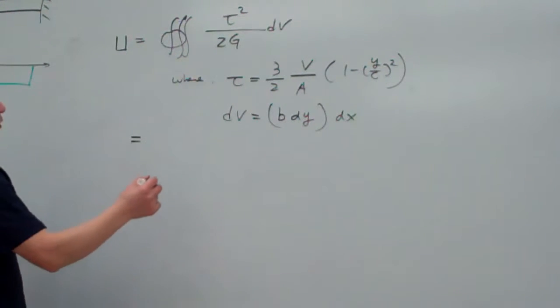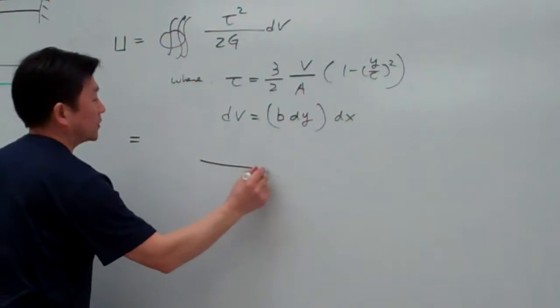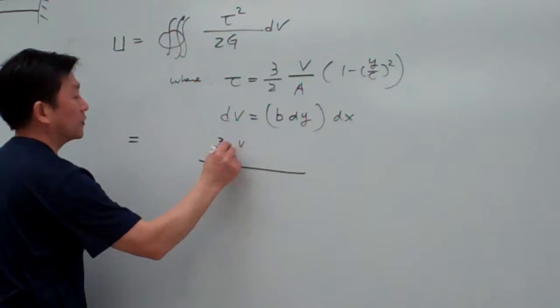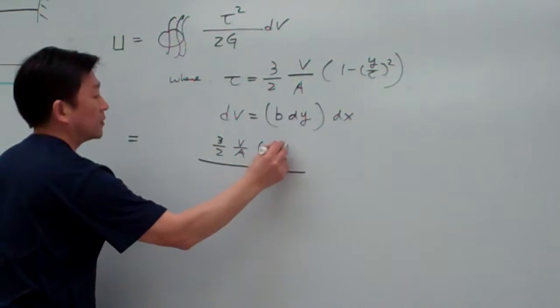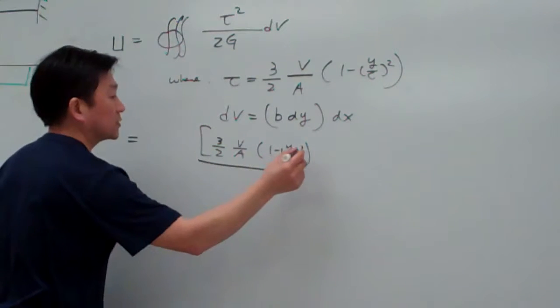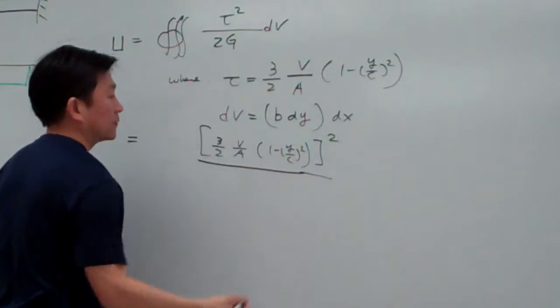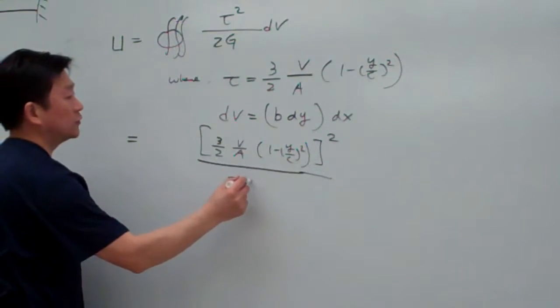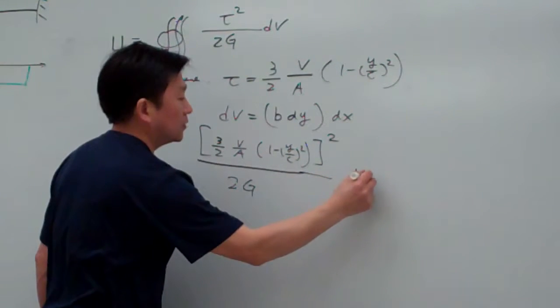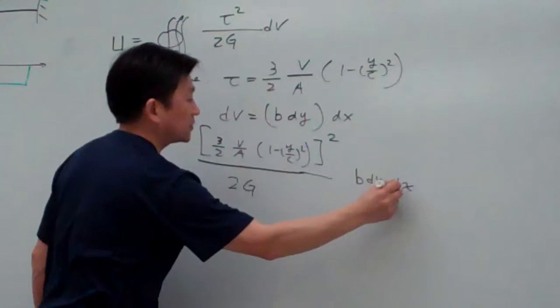We'll do this carefully. Let me fix the integrand here. That is 3/2 V over A times 1 minus y over C squared, and this is tau squared, over 2G, and dV becomes B dy dx.